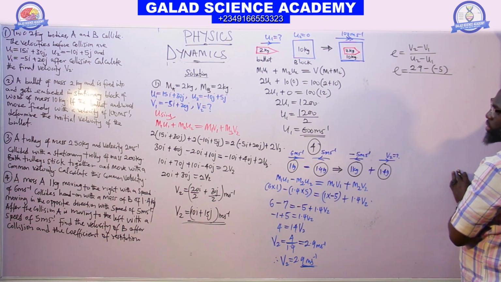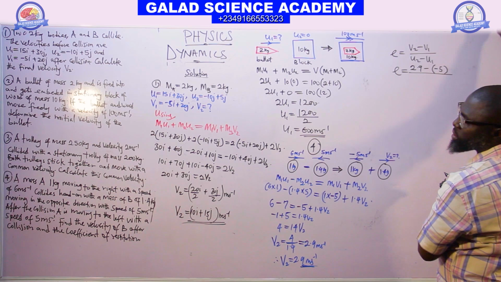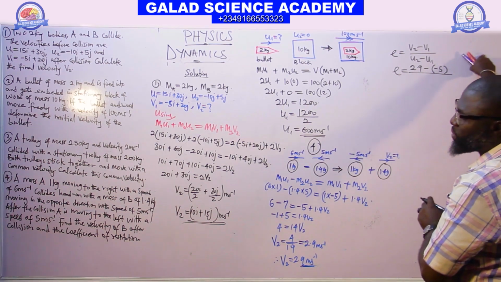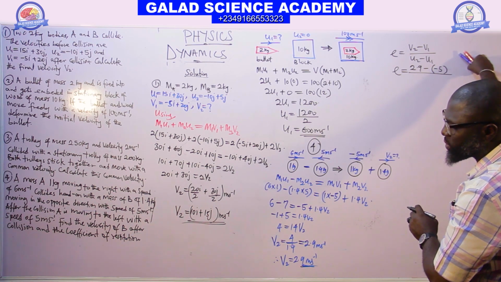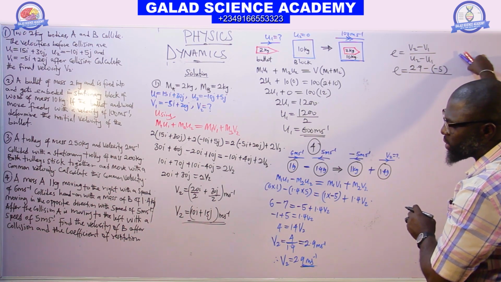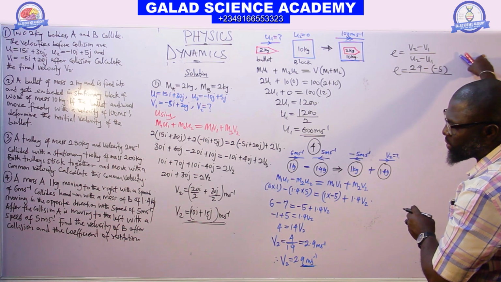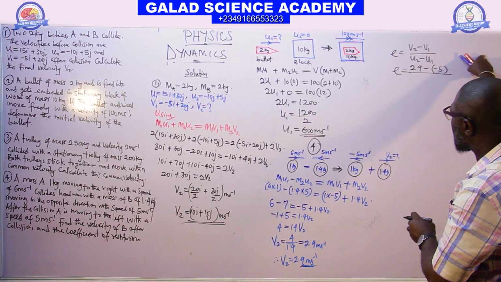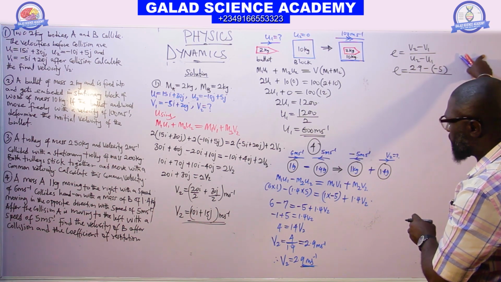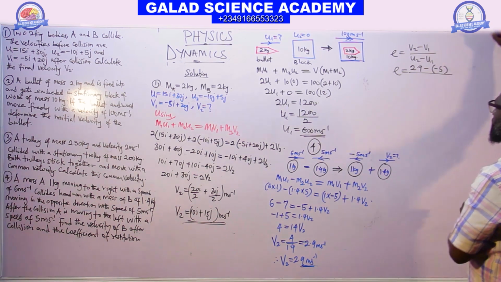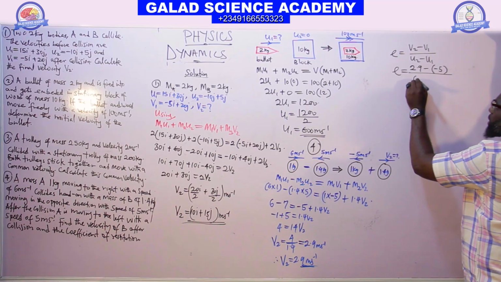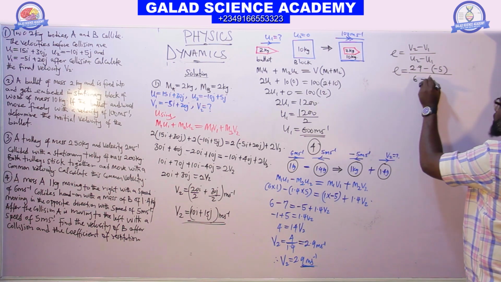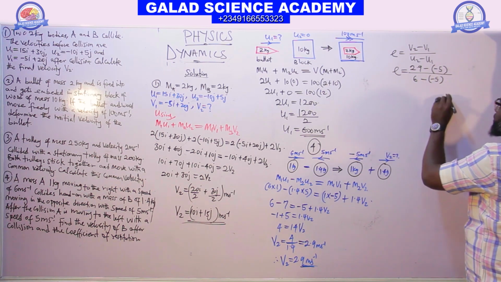U1 is 6, and the body is in the opposite direction of 5 meter per second. So you have 6 minus minus 5.